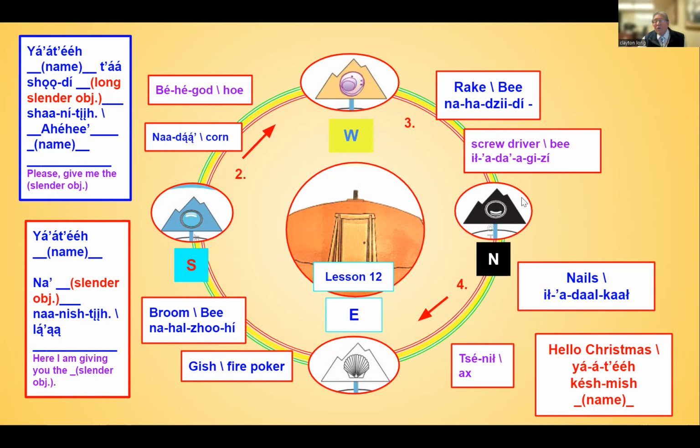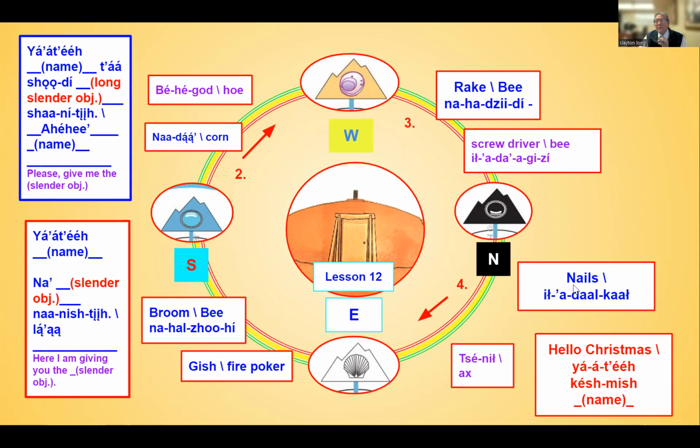All right. As you're describing these long things like rake or hoe or broom, those are really long, right? But it's also kind of slender and has a little longness to it, like a screwdriver or a corn. Corn is just kind of long, but it's not really slender, but it is in a way because it's long. And then you got nail.